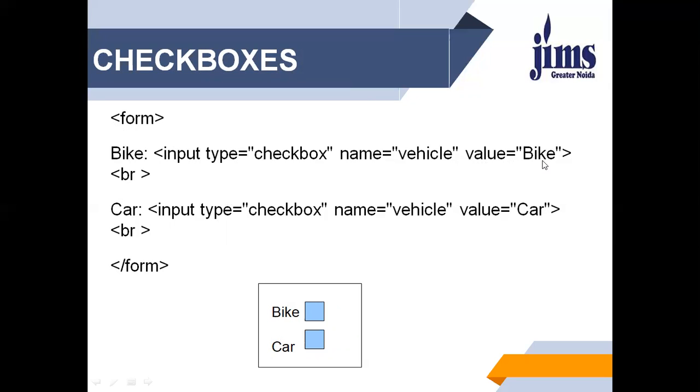So one checkbox will appear. Again, we are using this checkbox for the car: input type is equal to checkbox, name vehicle, value car. So the user can select both the options or any one. It's up to the user. The major difference between radio buttons and checkboxes is that you can select only one option in radio buttons, and in checkboxes you can select multiple options at a time.